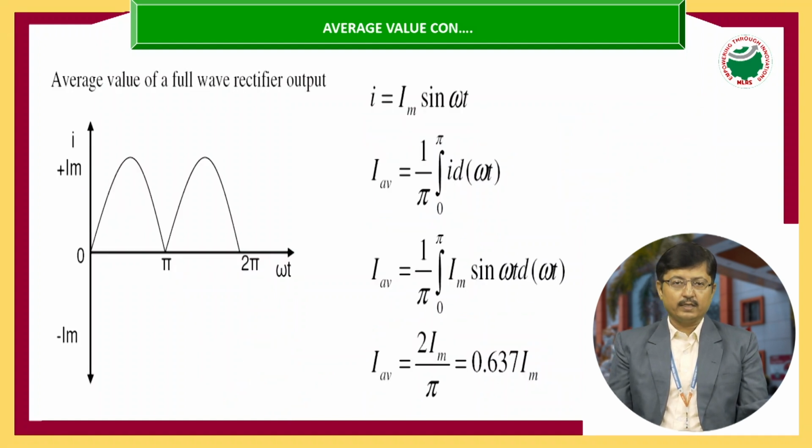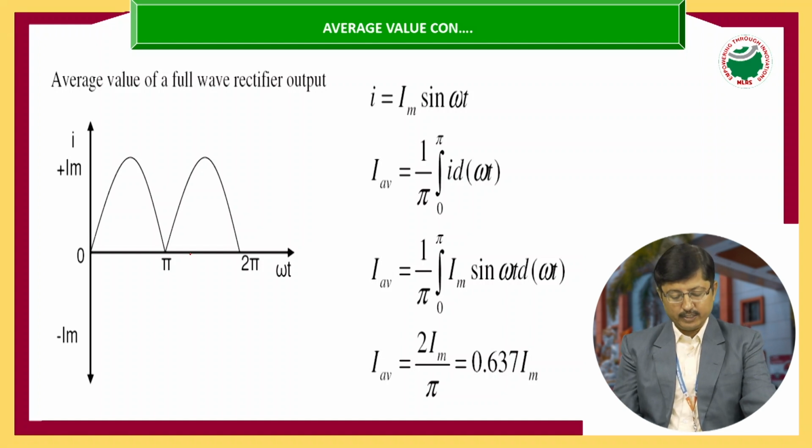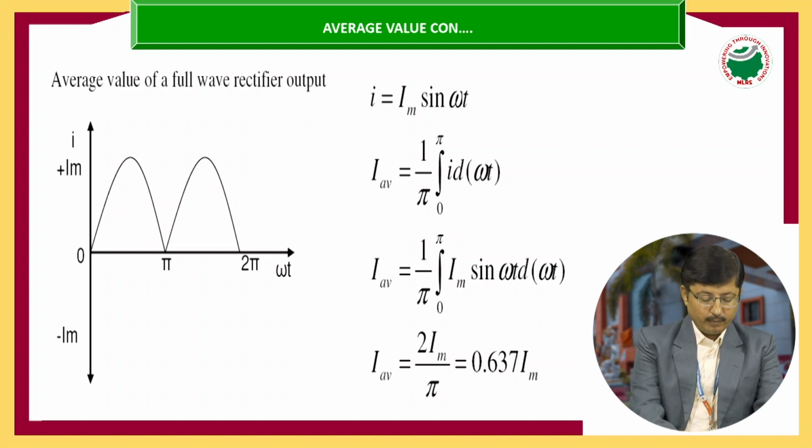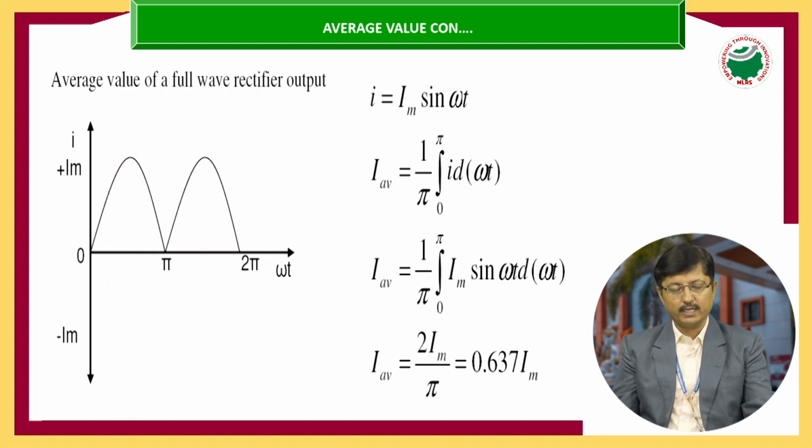Next, for the average value of full wave rectifier type outputs, we can see in the waveform that the cycle repeats every pi radians. So we only have to consider the time period from 0 to pi, because the cycle repeats every pi radians.